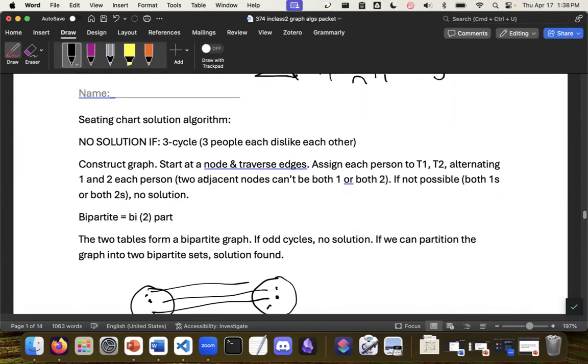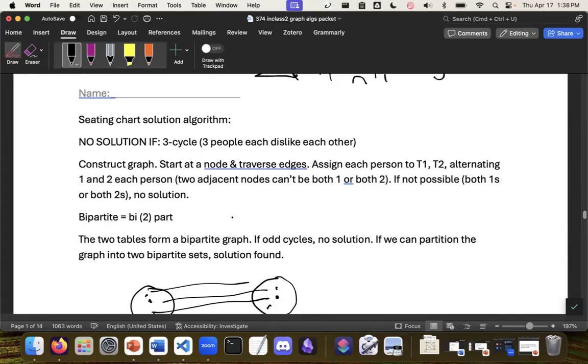So our solution for the seating chart is to say if there's a 3 cycle, so 3 people who dislike each other, then there's no solution. The solution is to go through and traverse the edges in our graph and label each person. Label the first person table 1, the next person table 2, and so on, alternating labels as we go.